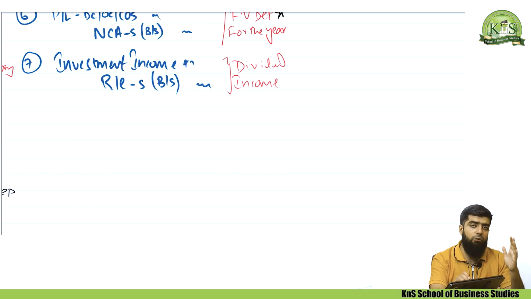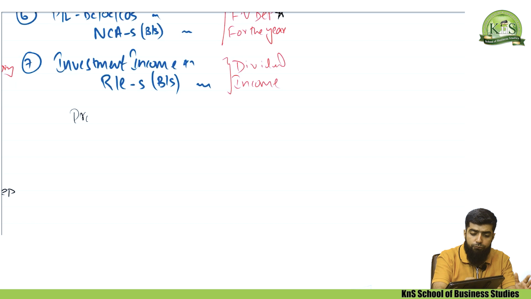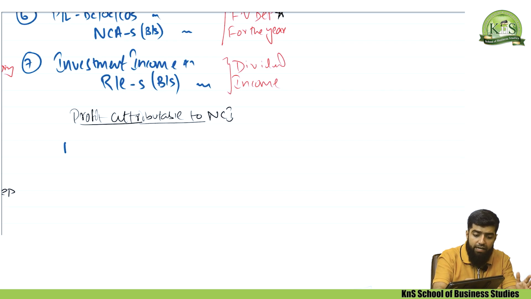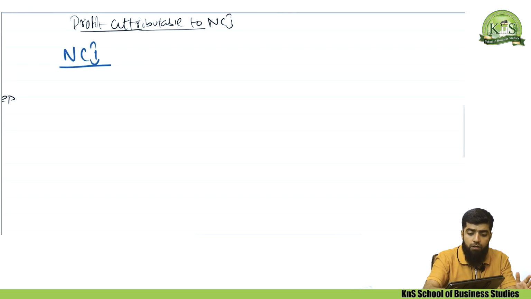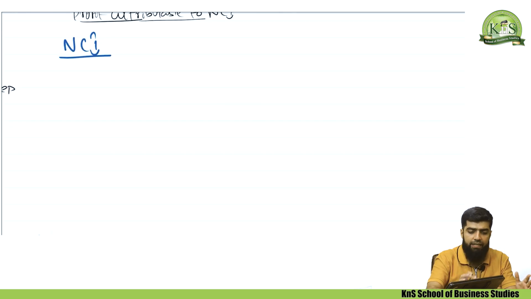And when we calculate the profit attributable to NCI, that is, profit after tax attributable to NCI, let's have a complete working of NCI. What maximum adjustments could be made?